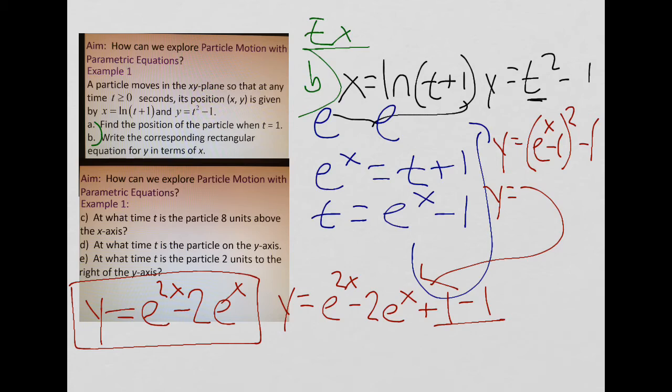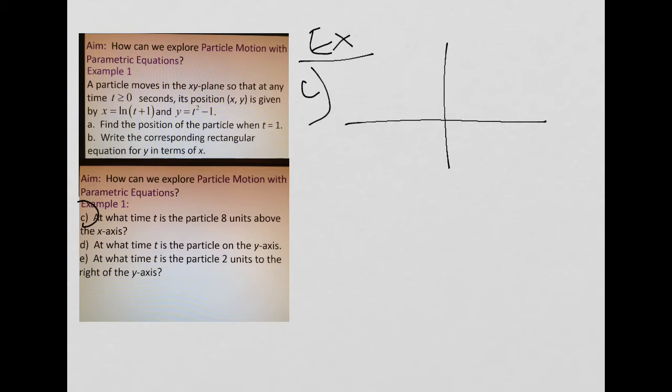Now we're up to part C. So in part C, it says at what time t is the particle 8 units above the x-axis. So let's think about this. If we were to draw out our coordinate plane where the particle is moving, we can see our x-axis is here, and we want 8 units above.